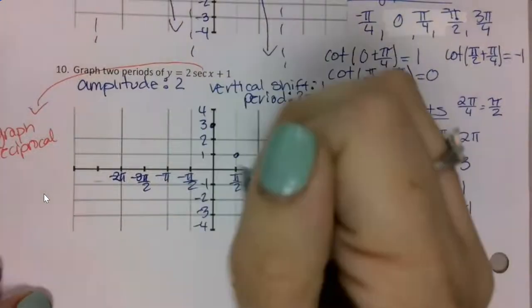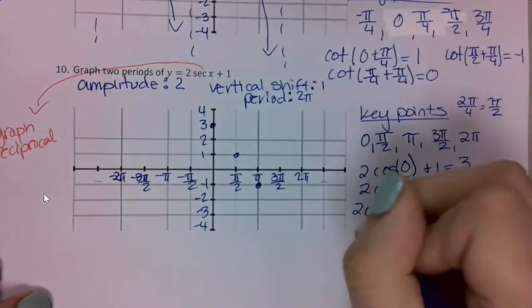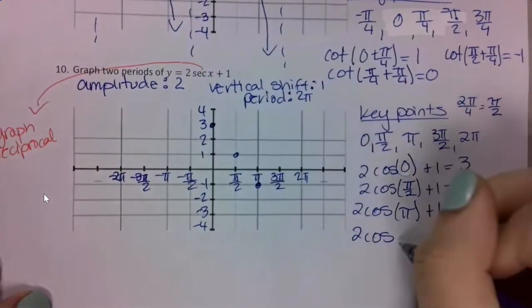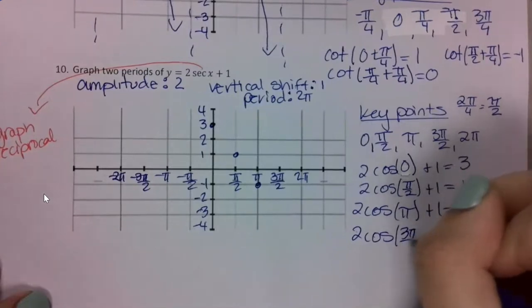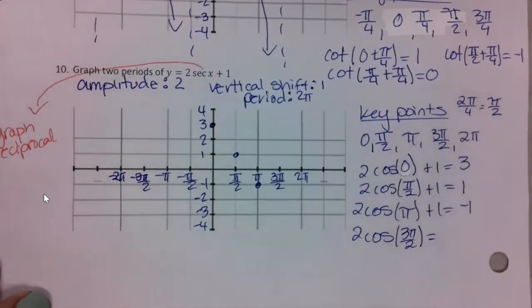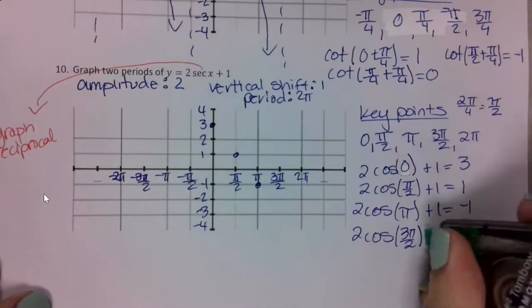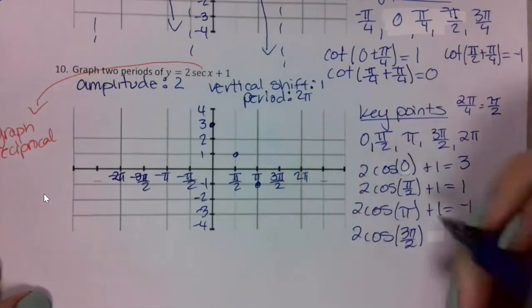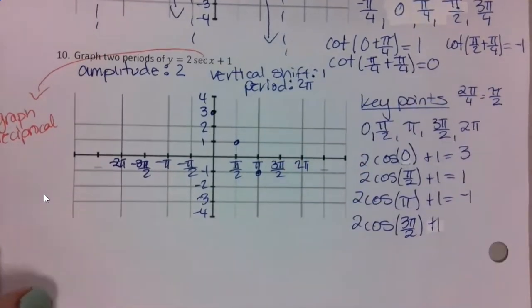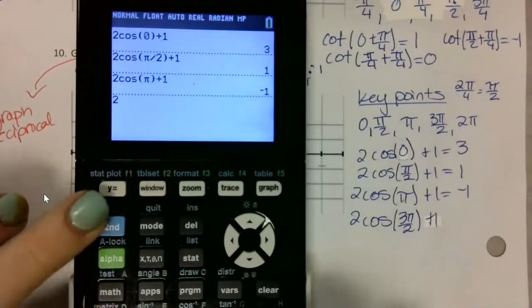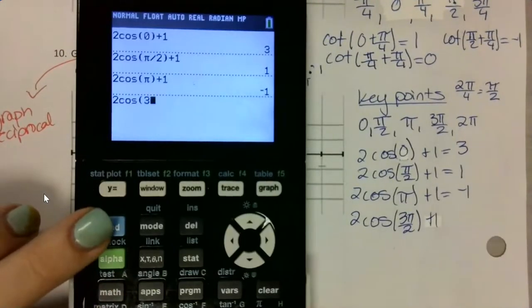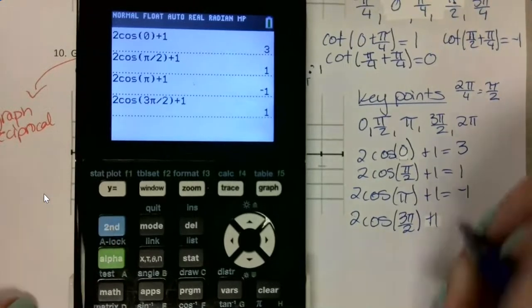I'm going to go ahead and do this for 3 pi halves, plus 1, which gives me 1.